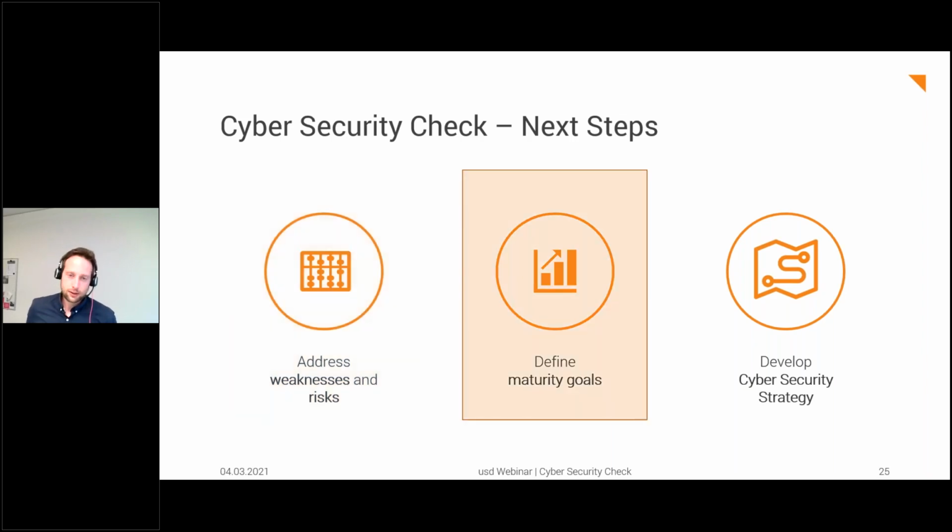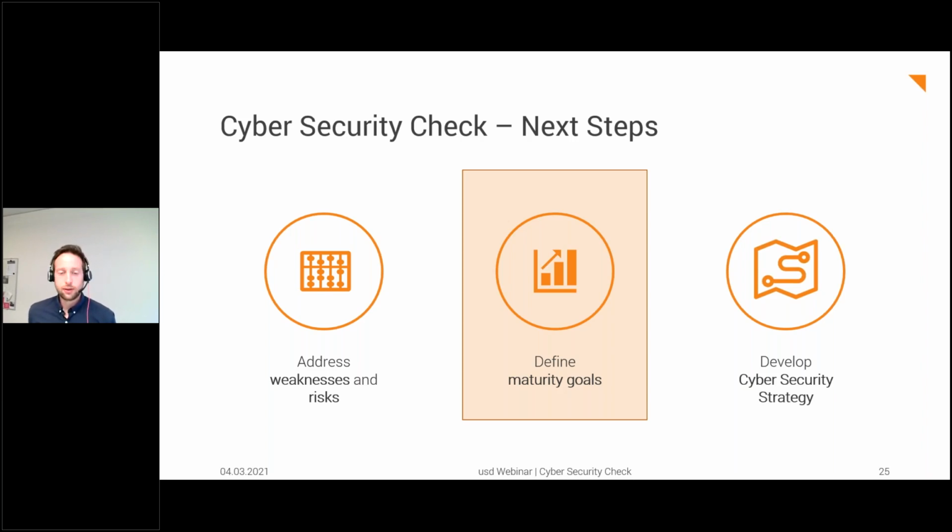Then we can also take a look at the results. And if we say, hey, that's actually really useful, we want to make sure that for, let's say, penetration testing, we are actually hitting maturity level number 3. So we want to do this with a certain frequency. We want to do this once a year, and that will be our maturity goal.